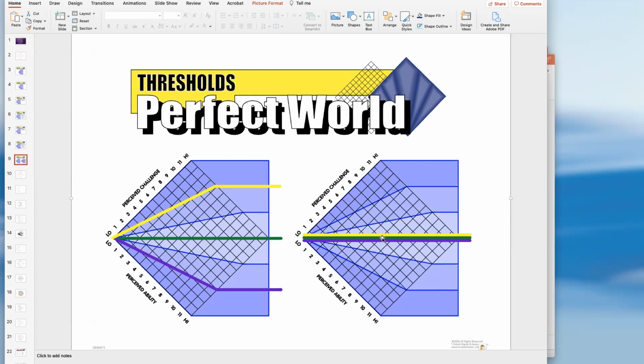But if we don't do something to help people retrain their thresholds, what's happening is that nature, the world we live in as it is right now, in terms of technology, et cetera, is basically training our thresholds to go higher and higher, not lower and lower.